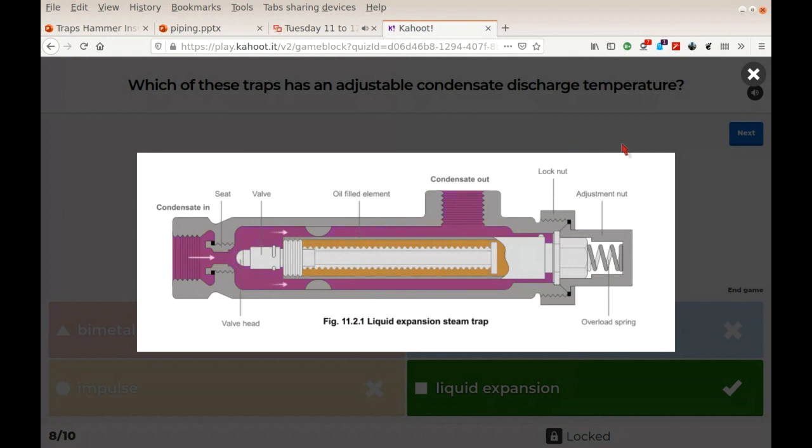Whereas some of them are going to have a volatile liquid. The volatile liquid is very interesting because it will cause the trap to respond to a pressure curve as system pressure changes.